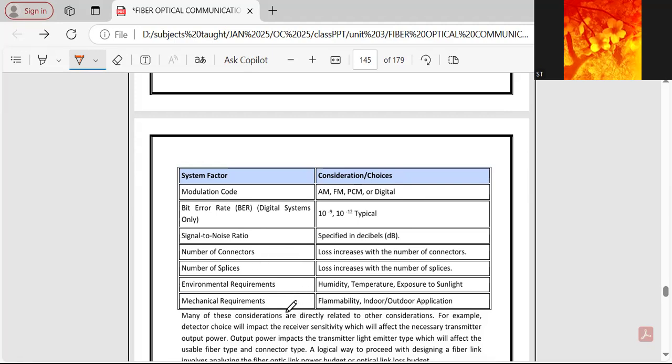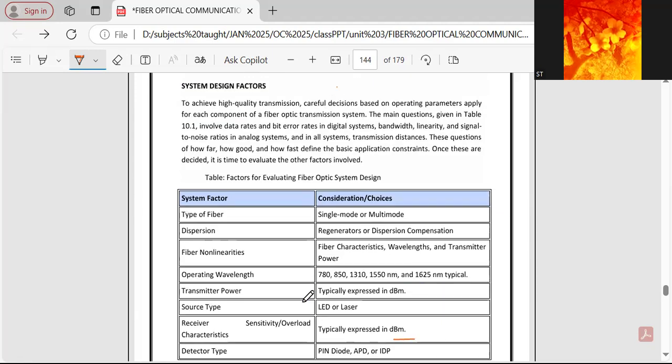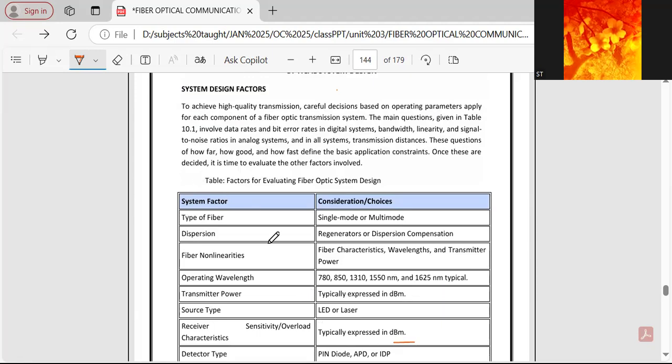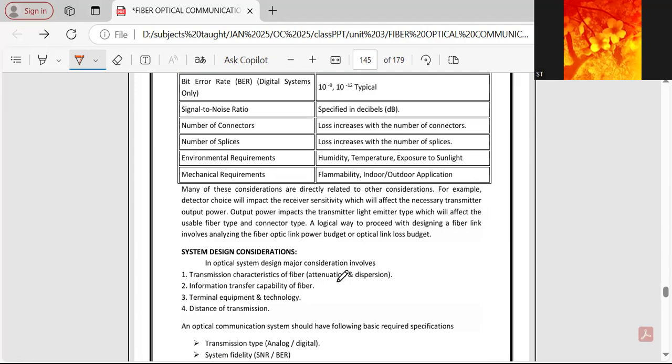And we have to also take care of the environmental requirement and the mechanical requirement. So these are the different parameters that we have to decide before designing the optical communication system.